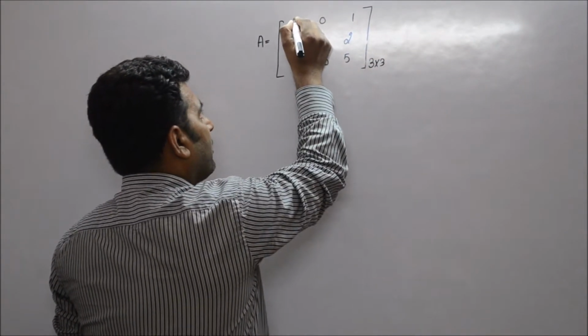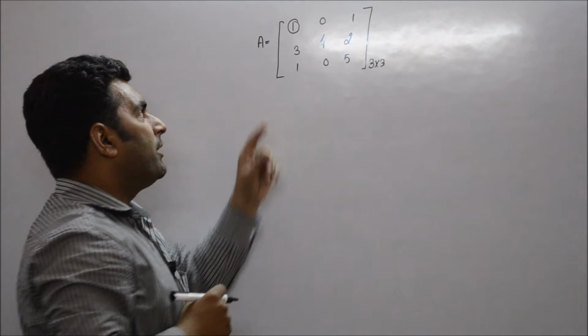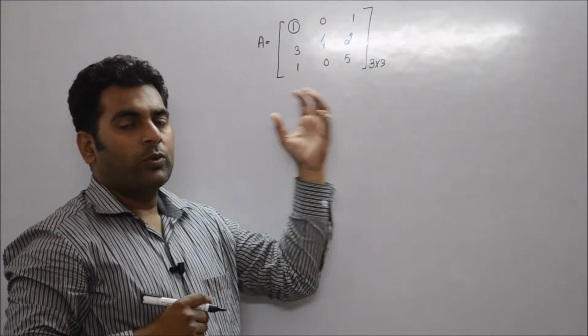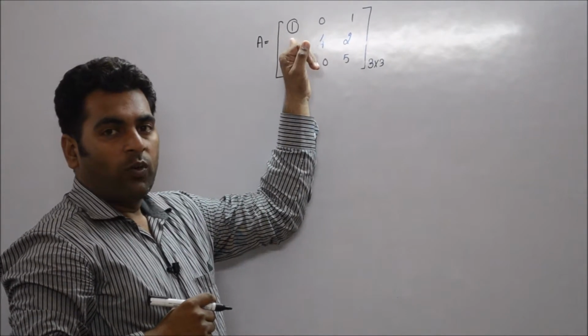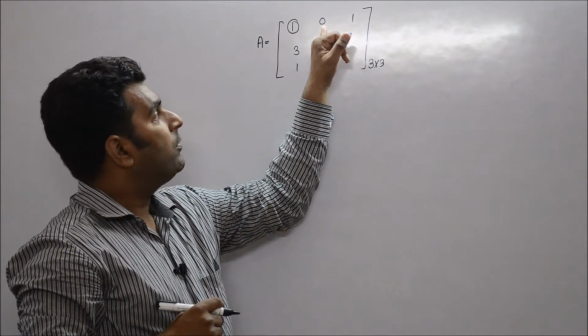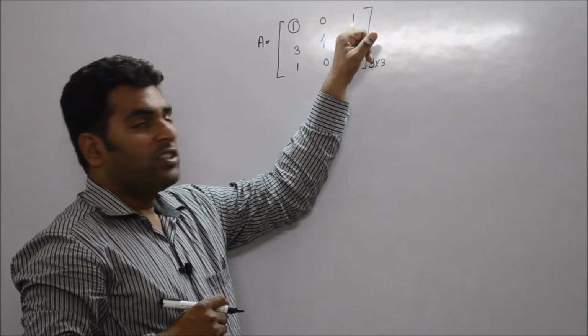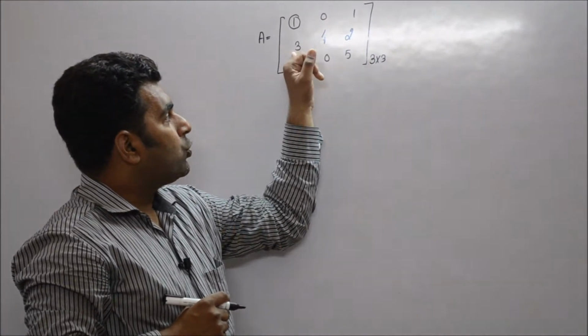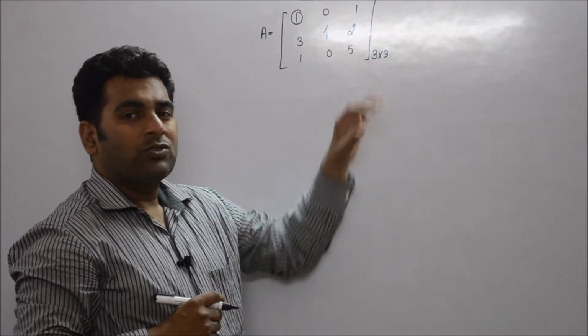If I talk about this element, then this element is lying in first row and first column, so its position is 1, 1. This element is lying in first row and second column, so its position is 1, 2. This position is 1, 3, 2, 1, 2, 2, 2, 3 and so on.